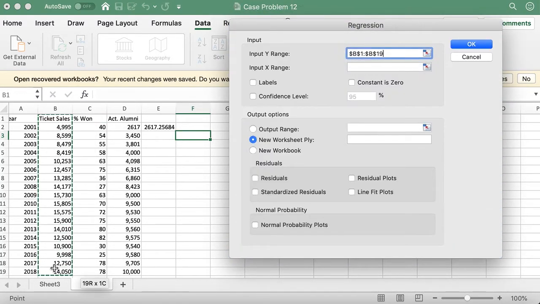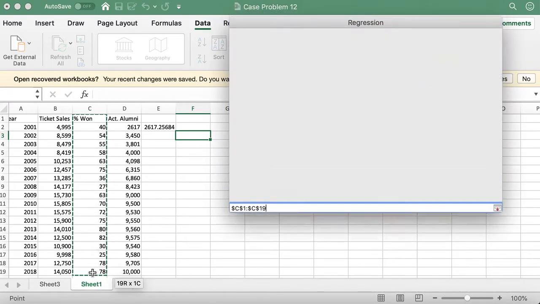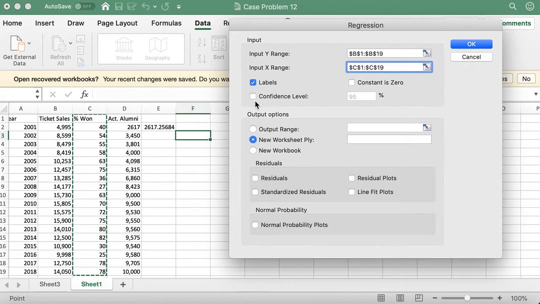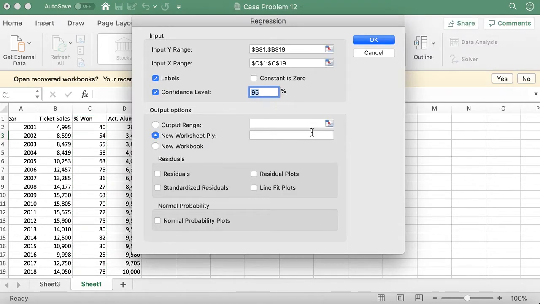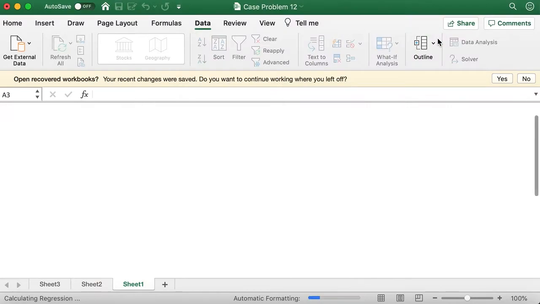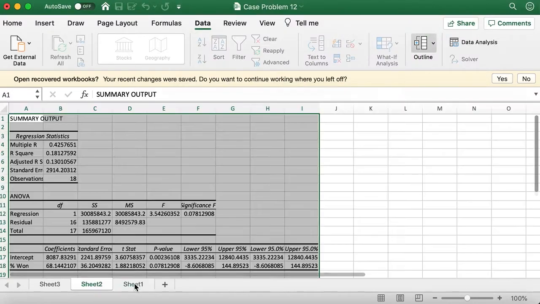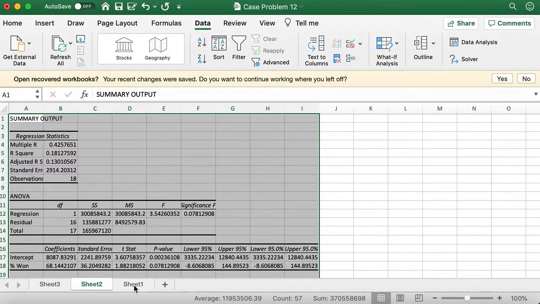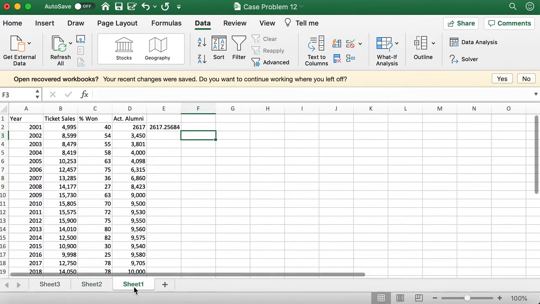Make sure that you select all the values in the column for your Y range, and then we'll also select all the values in our X range. I've also included the labels. It's really nice to have that there, and it's going to give this to us in an output range, so we can see this in a new worksheet. I'll go ahead and do that, and we'll do the other ones that we have to do as well.